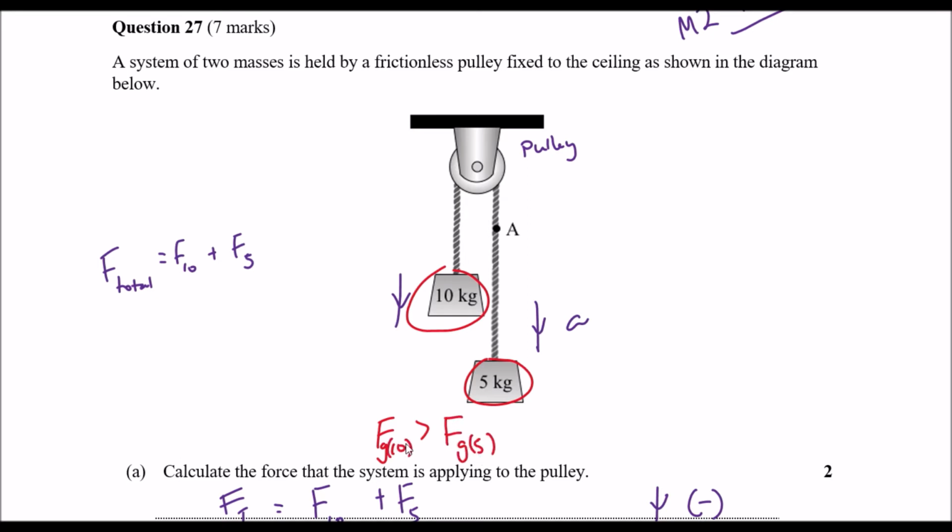So that's by notion of what we can see in this diagram here. Now when we take that into account, we can see that by that idea, the pulley's going to go down here, the pulley's going to go up here, or the string, so to speak. The string is going to be pulled up in this fashion here.